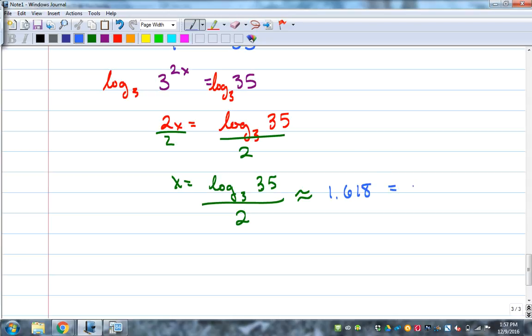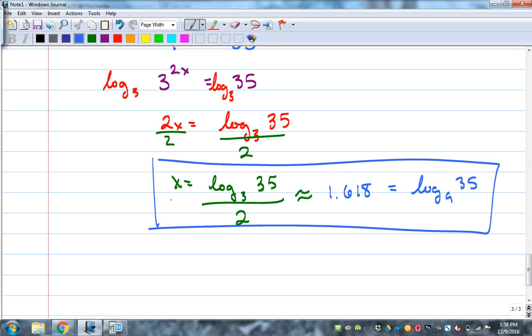Understand that that's also equal to log base 9 of 35, and they're the same answer. Depending on where you do the log, your exact answer will look different. So if you have a multiple choice situation on the test, and this is not an answer choice but you did it that way, check your decimal values, because they're going to be the same decimal value.